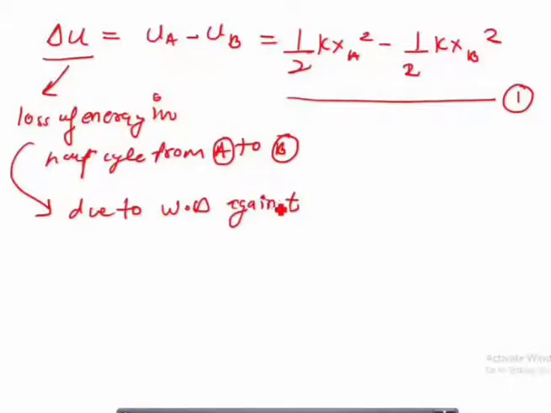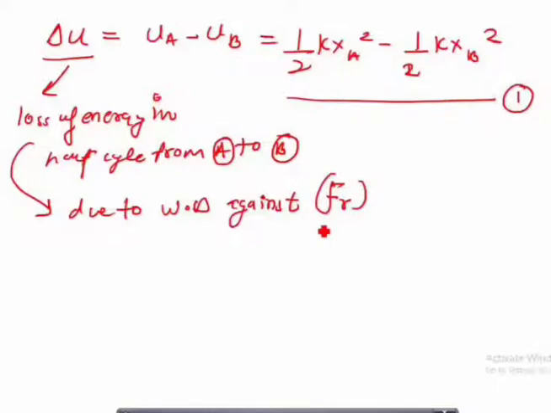Which type of damping are you providing in the system? You are providing Coulomb's damping. In Coulomb's damping, the damping force is Fr, that is, a frictional force. Some work is done against this frictional force, and that is why this loss of energy in the half cycle from A to B is due to the work done against the frictional force Fr.